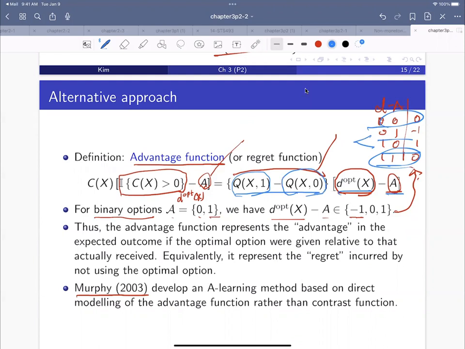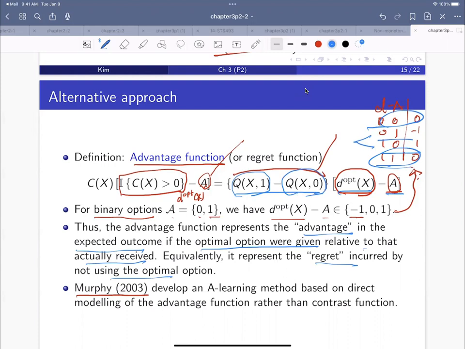That is the advantage in the expected outcome if the optimal option were given, relative to what was actually received. That is an advantage for the opponent. For me, it's a regret incurred by not using the optimal option.